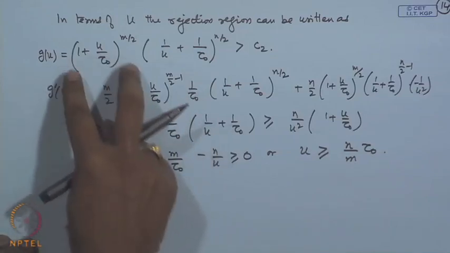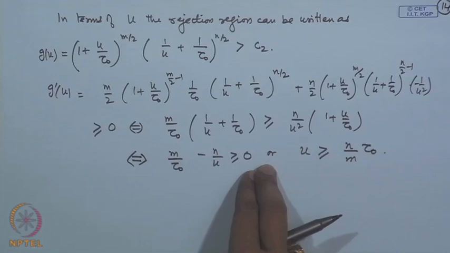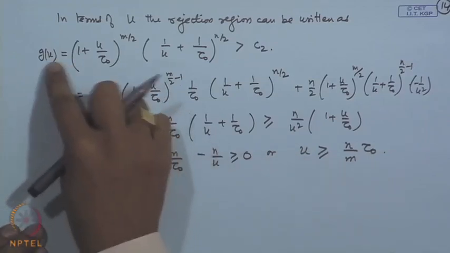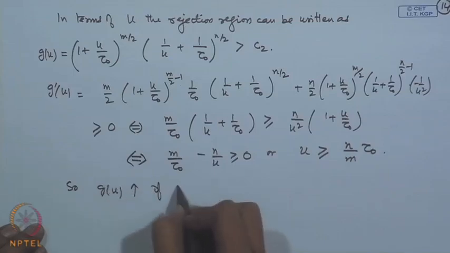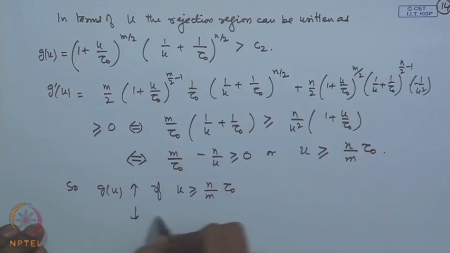So, this function g u is actually having increasing nature. g u is increasing if u is greater than or equal to n by (m tau naught), and it is decreasing if u is less than n by (m tau naught).